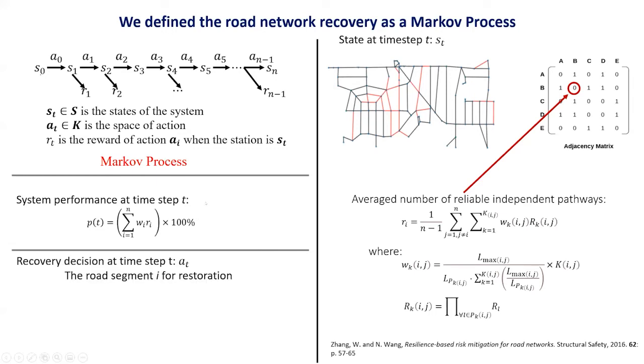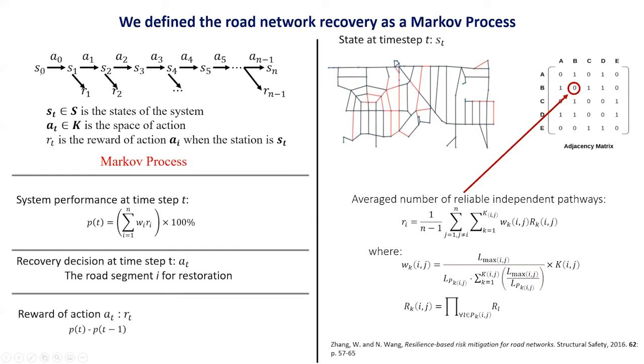Again, in the recovery decision process at each time step, we have an action to make. In this study, the decision is as simple as which segment we should repair. So this is our action here. Of course, no matter which road segment we repair, the system performance will improve.